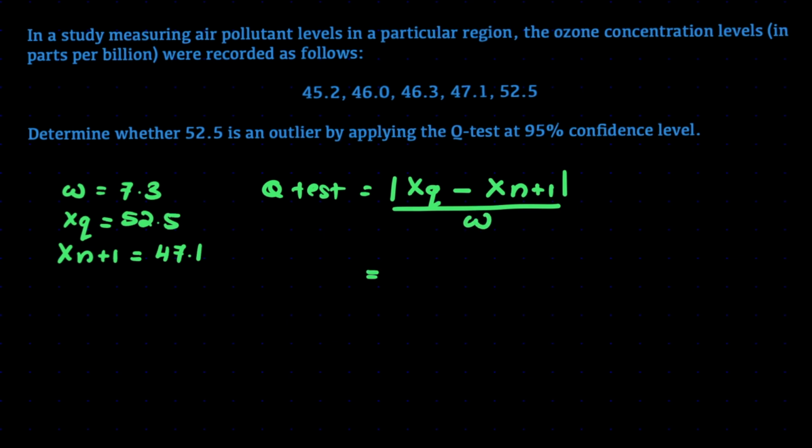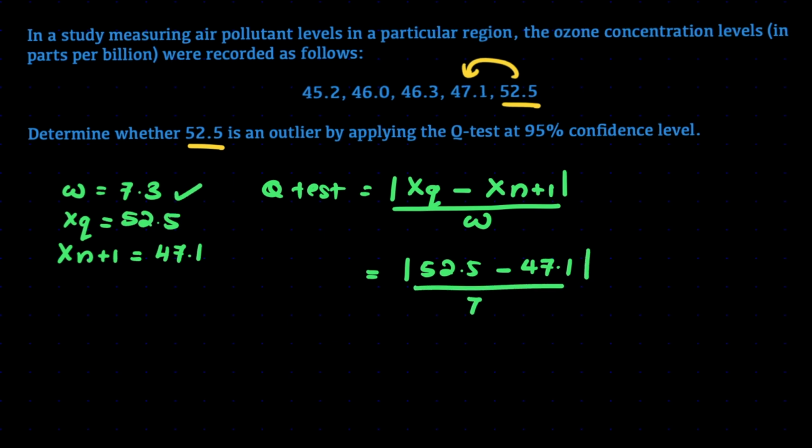You know that your outlier is 52.5 because the question says so, and the nearest is 47.1, divided by your range that you have calculated just now, which is 7.3. So you will get your Q-test equivalent to 7.3973 times 10 to the power of -1.